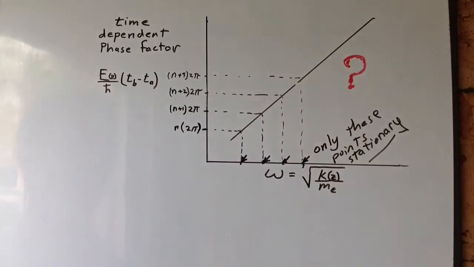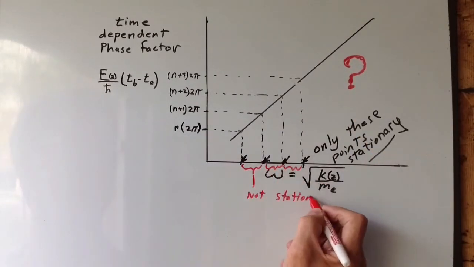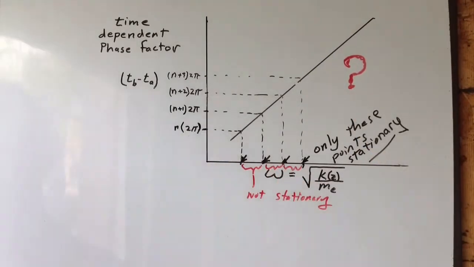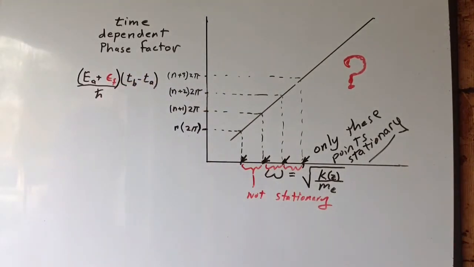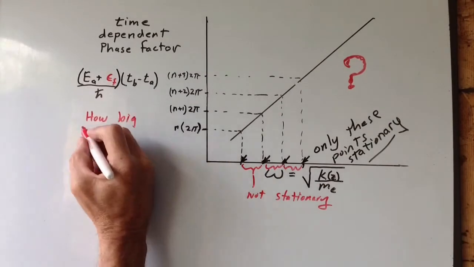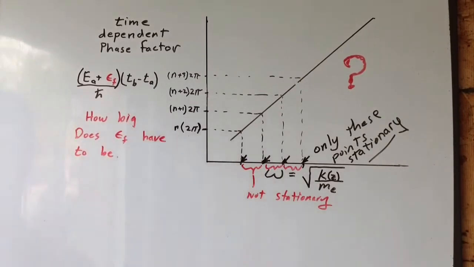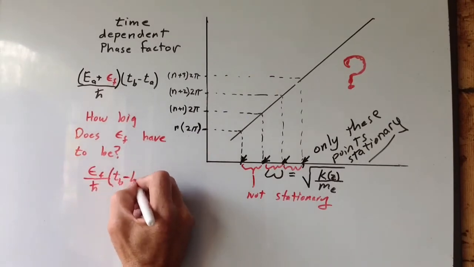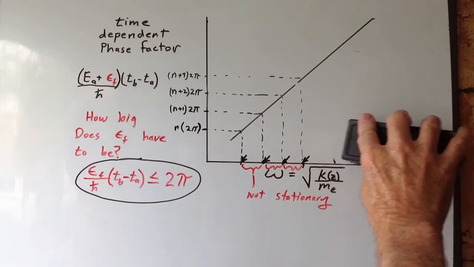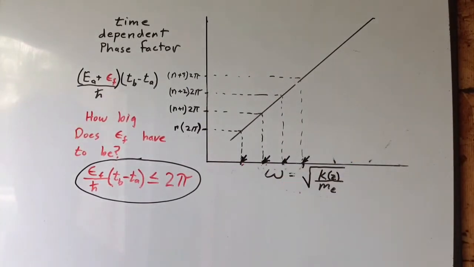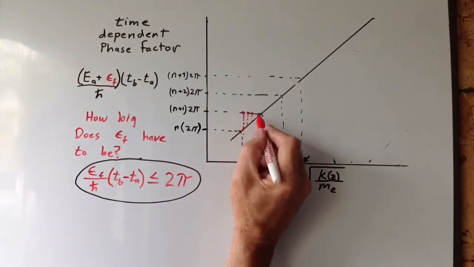So now what? Well, what if we can cheat and put in a variable fudge factor, energy called E sub f, energy fudge factor? Then, how big does this fudge factor need to be? The fudge factor times the deuteron orbital time divided by Planck's constant needs to range from 0 to 2 pi. This would allow all the electron z positions to be stationary.